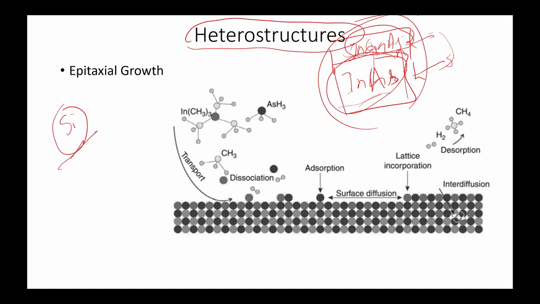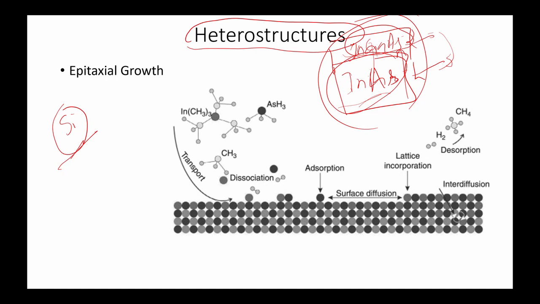Obviously there is bending in the band when we join p type and n type semiconductors, but there are not two different types of semiconductors. So we cannot call that p type and n type interface a heterostructure. For that we need two different types of semiconductors.